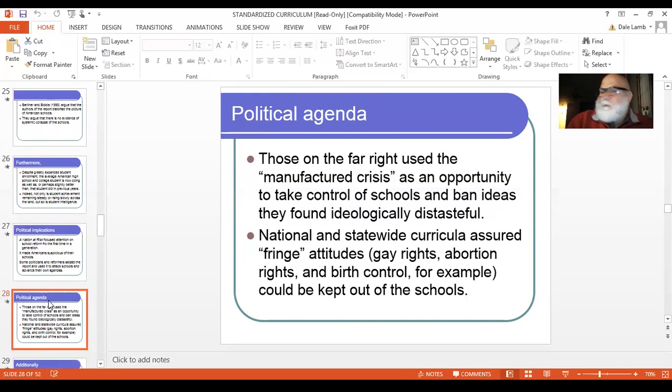That was the push for statewide curricula, and we could ban things like evolution, and just teach creationism, the Bible, and not teach science. It also tried to marginalize or exclude things like gay rights, abortion rights, birth control, things of that nature.